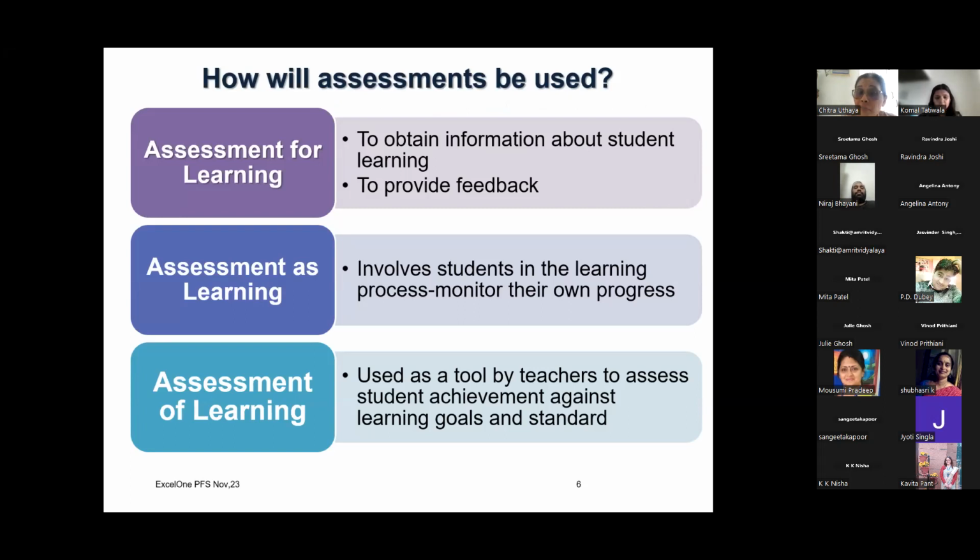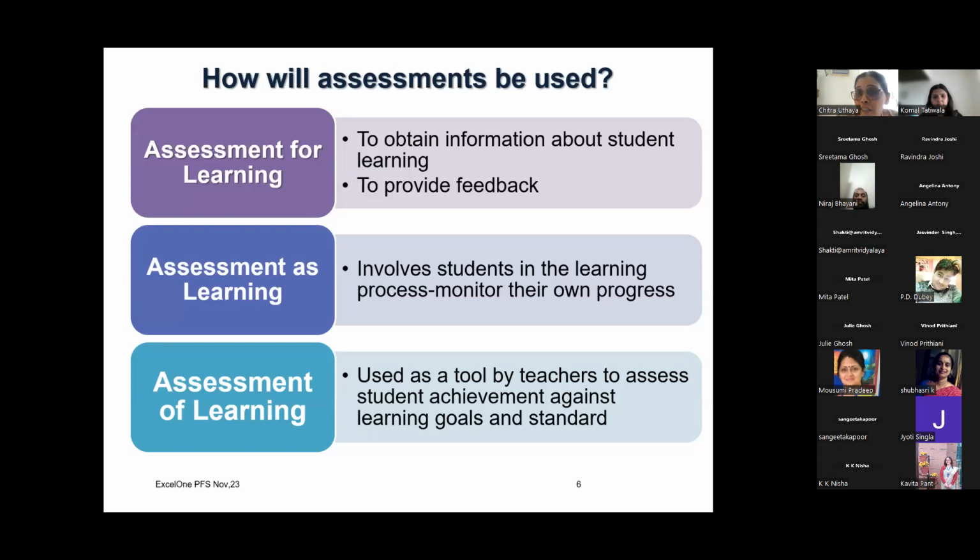Looking at assessment as learning, the National Education Policy is looking at getting students involved in monitoring their own progress and self-assessment. I will take you through that when I show you the report cards that are going to be used. And assessment of learning, here we will look at how teachers can use assessment to look at how their students perform against standardized goals and achievement tests. So there are three purposes for assessment.